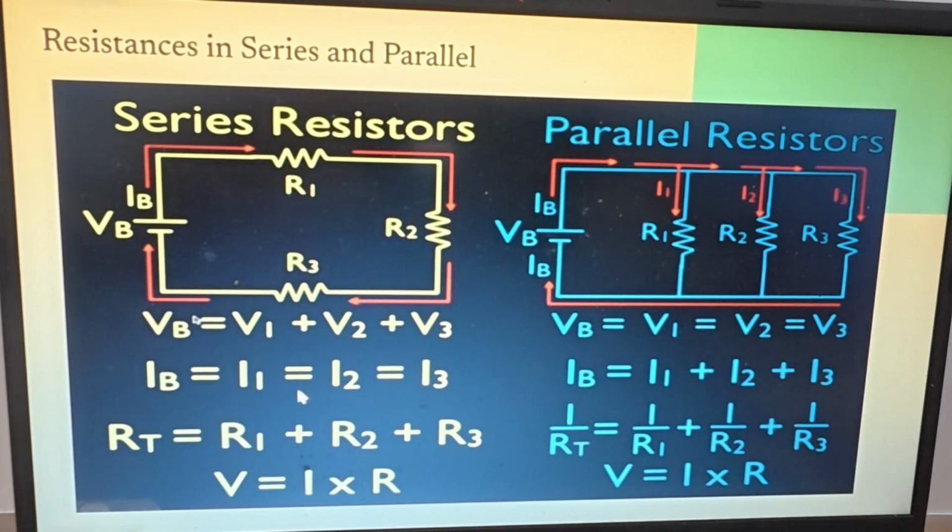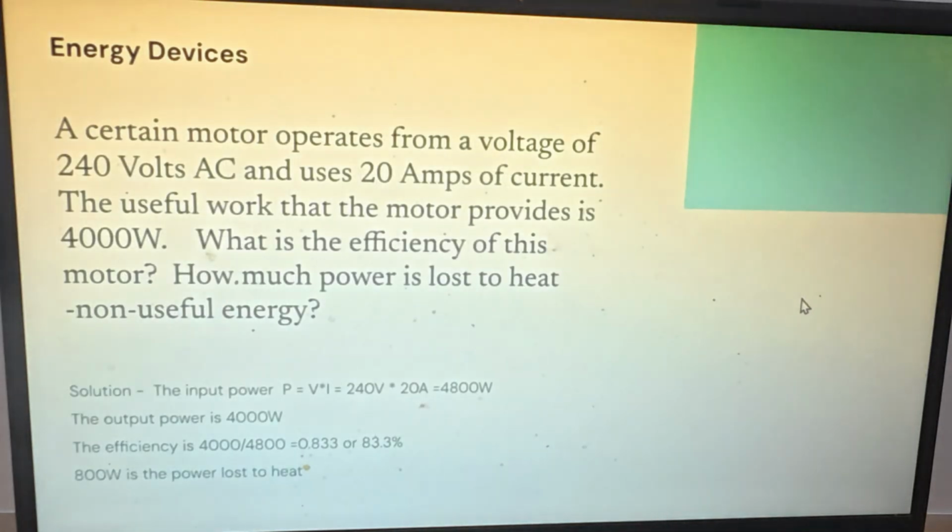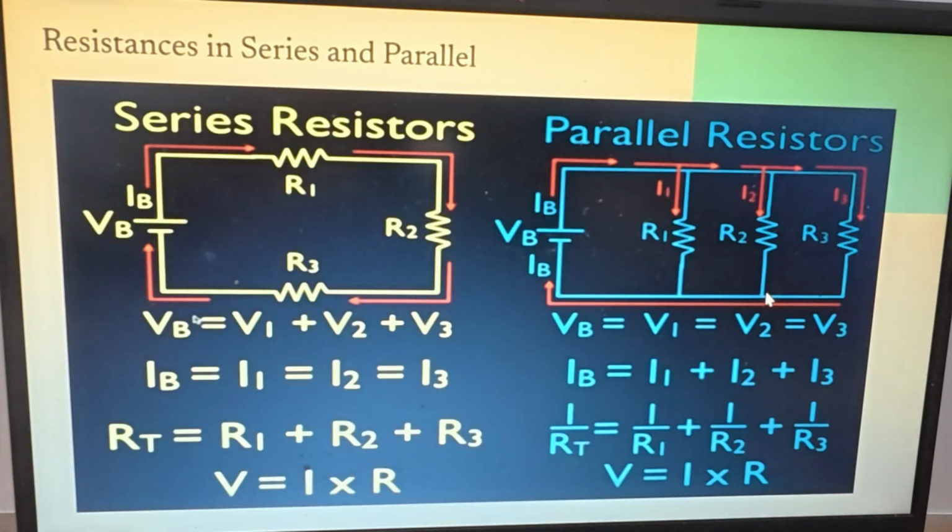Just like the currents are the same in this series circuit, in the parallel circuit the currents are not the same, because the currents can choose to go in proportion to the resistances, in which case the currents will have to sum up. So the current coming out of here plus the current coming out of here plus the current coming out of here is going to be the same as the total current.